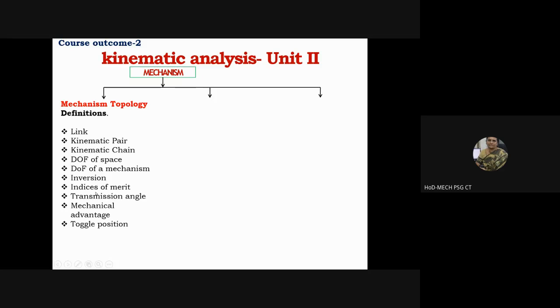Then probably you were introduced to the indices of merit in terms of transmission angle and mechanical advantage, toggle position, and so on. I suppose all of you are familiar with all these concepts.